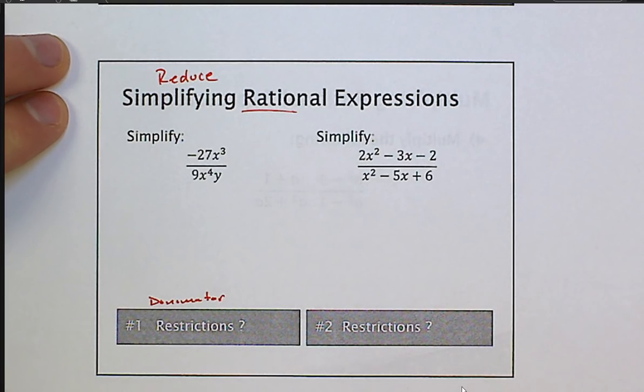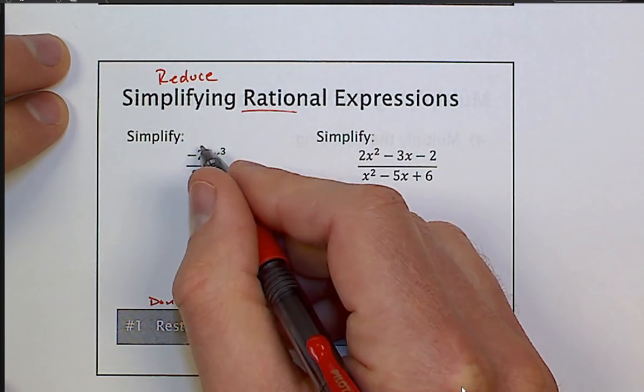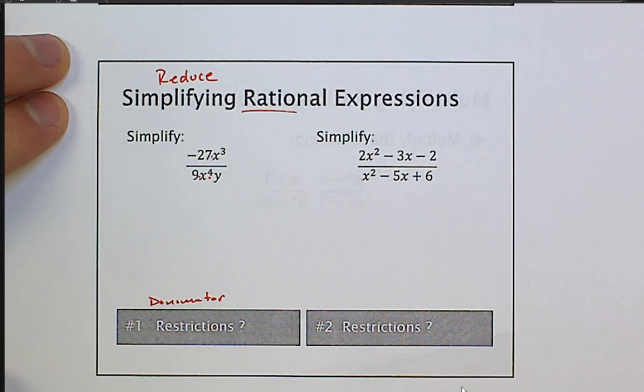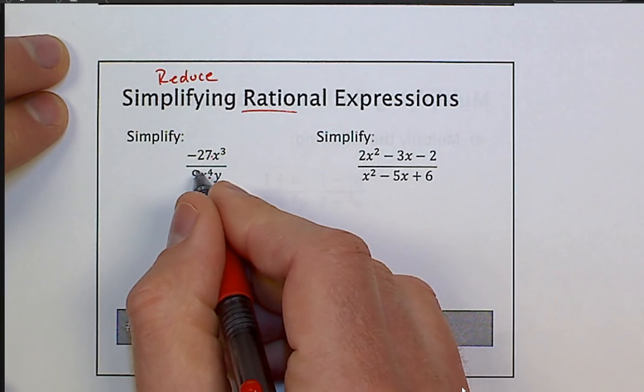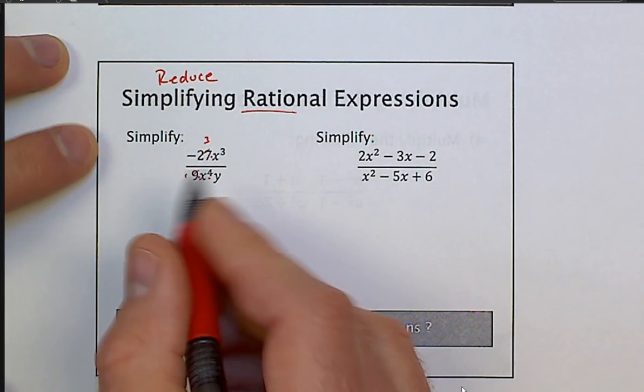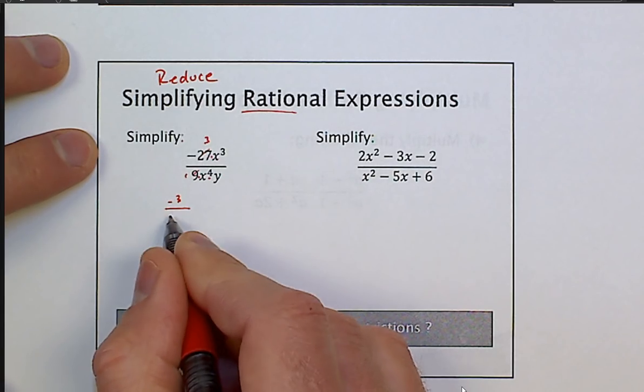We have negative 27x to the third over 9x to the fourth y. Remember, as long as there are multiplication symbols in between them, we can simplify and or reduce. So 9 goes into 9 once, into 27 3 times. So right now I have basically negative 3 over 1, even though we don't need to put that 1 there.